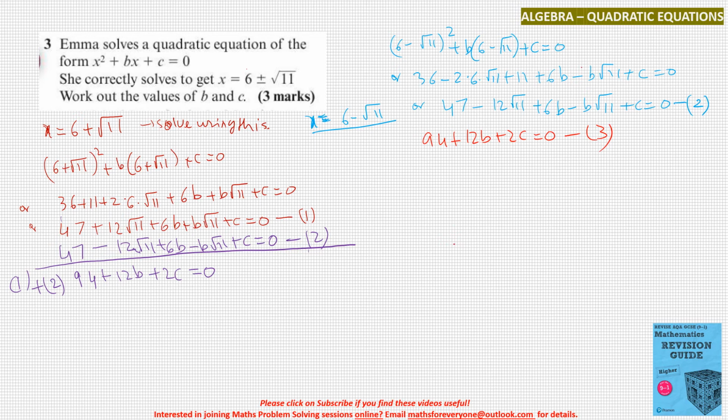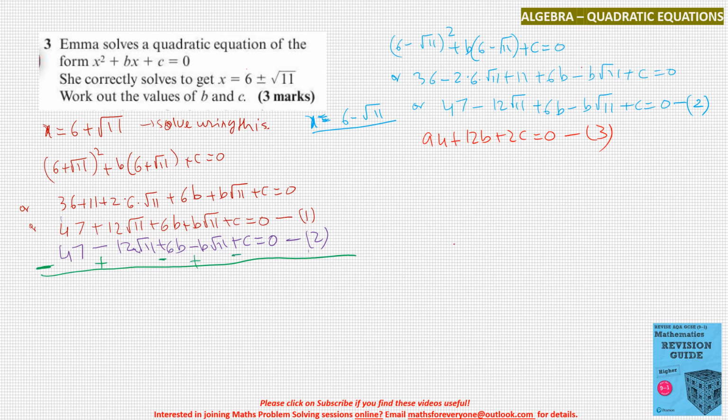Okay, so I can do another equation. Instead of adding, if I subtract, I get this as a plus, this is a minus, this is a plus, this is a minus. So what am I left with?